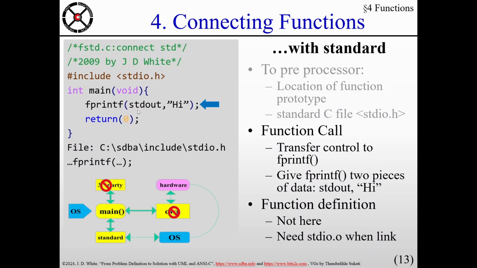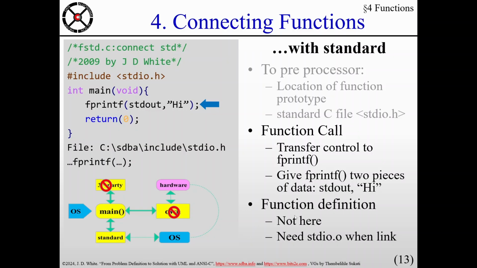It requires where I want to print it. That's going to be standard out, which as we saw is the monitor for the Windows system. It's the monitor. And what do I want to print? In this case, I want to print the word hi. So I put that I want to print. So that's the function call. It gives the function fprintf the information it needs to do its job.